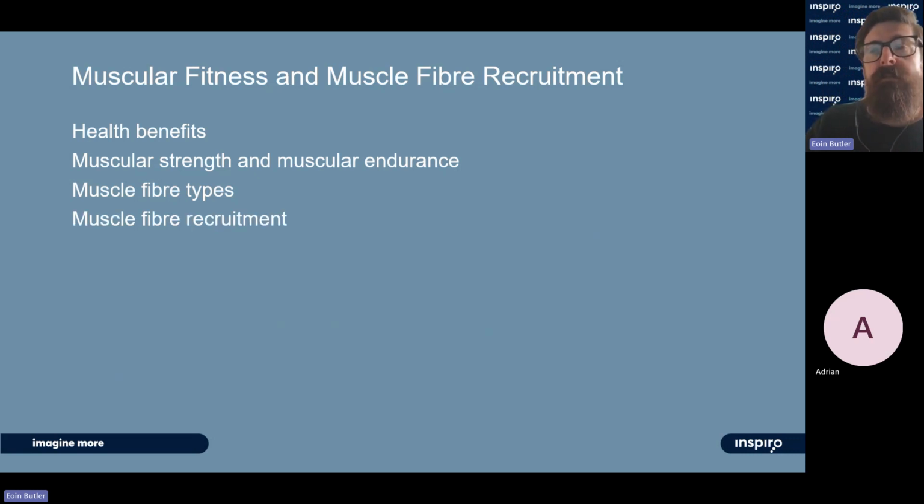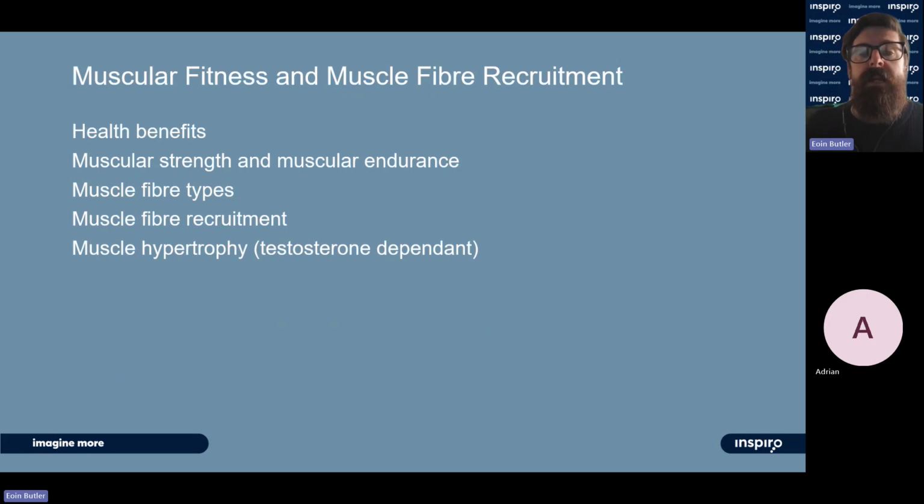We'll improve our muscle fiber recruitment, so the nervous system response and the nervous system attachment to the muscular system will improve. We can increase our muscle mass, which is testosterone dependent, and we can also improve the energy systems, so our phosphocreatine system, lactic acid system, and aerobic system. We can get improvements there by doing resistance training.